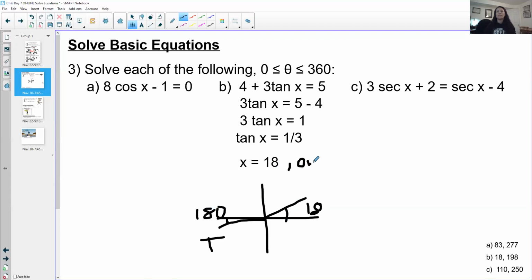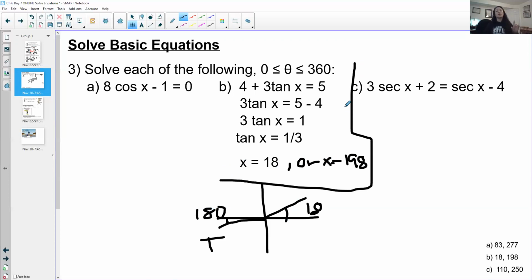So x is 18, or x equals 198. And basically what you're doing is you're solving these equations just like you would have with a quadratic function or any other function. We're just using trigonometry. Keep in mind, you're going to have more than one answer depending on what the value is. Okay, I do want to look at this one because you could have your inverse trig functions here.